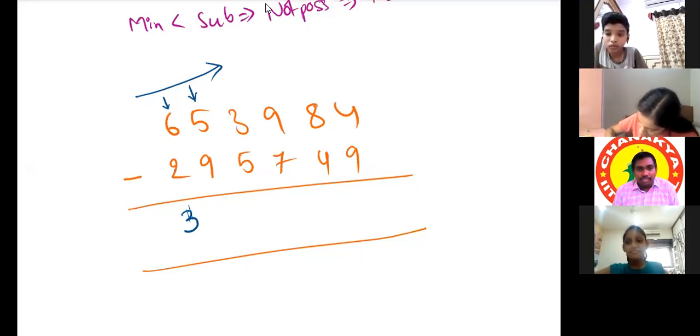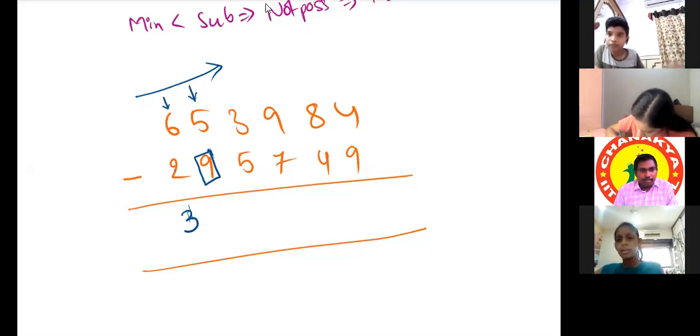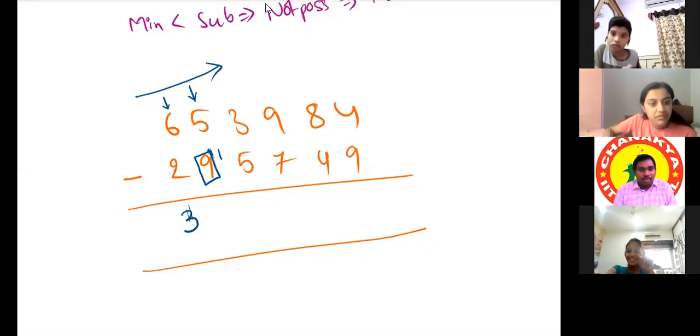Next, because it's a mismatch, the complementary pair comes into the picture. What is the complement of 9? 1. We have to add that 1 to the above number 5. 1 plus 5 is 6. Again, before writing 6, see the next column. Is it a match or mismatch?